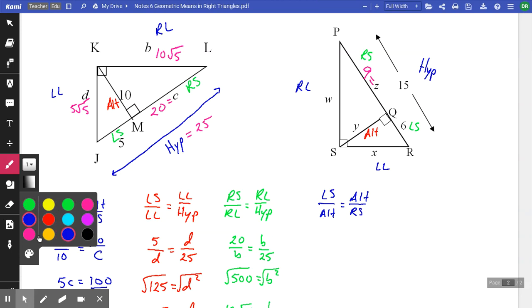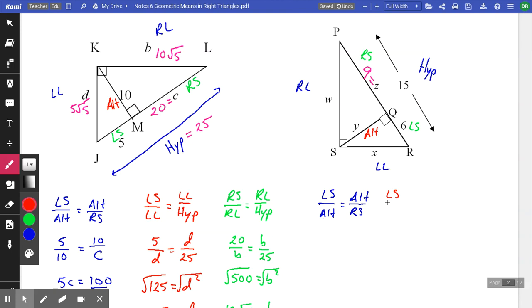We also have that the left segment over left leg equals left leg over hypotenuse. And lastly, that the right segment over the right leg equals right leg over hypotenuse.